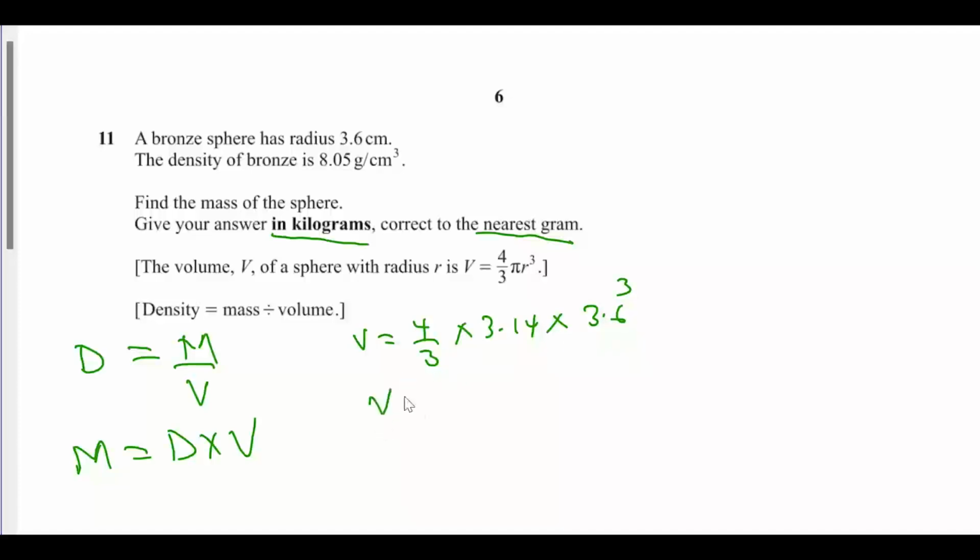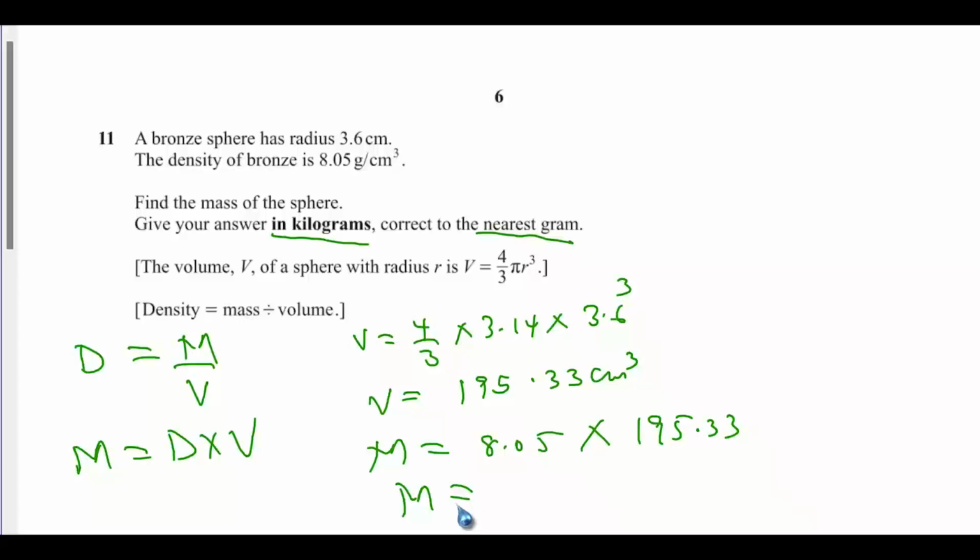So if you do this, you get the volume to be equals to 195.33 centimeter cube. Then we can now find the mass. So the mass will be equals to the density 8.05 multiplied by 195.33. So the mass will be equals to 1,572.17 grams.